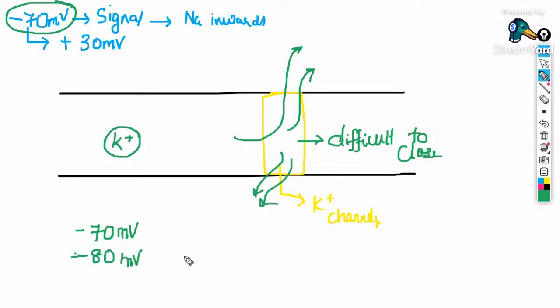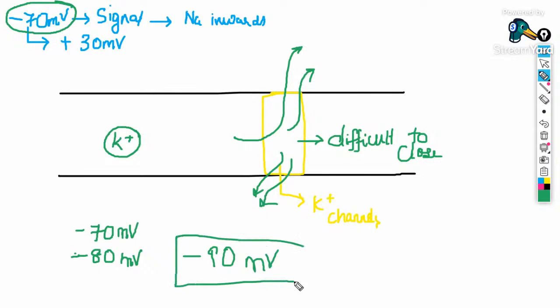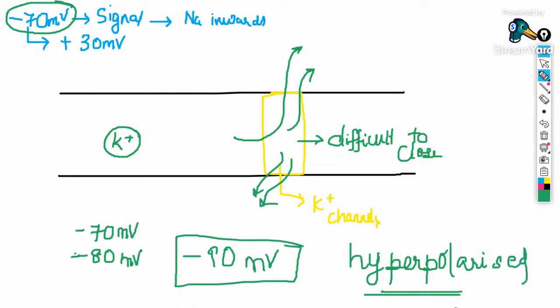Finally, when it reaches minus 90 millivolt, the potassium channels are closed. That is referred to as what? Hyperpolarization. Hyperpolarized state.